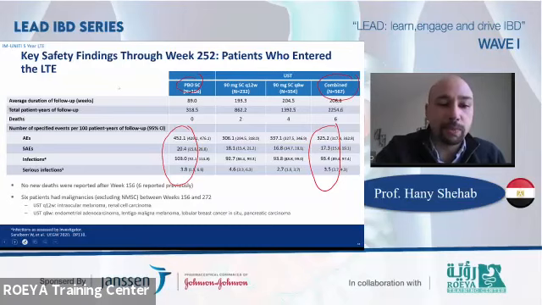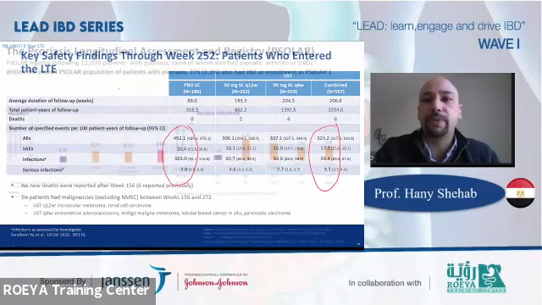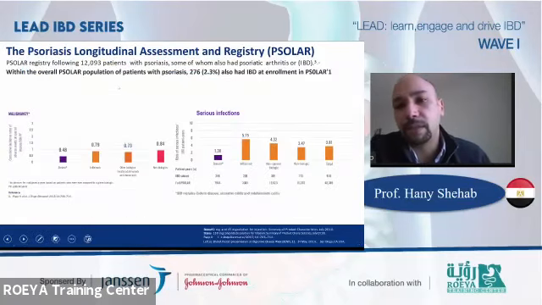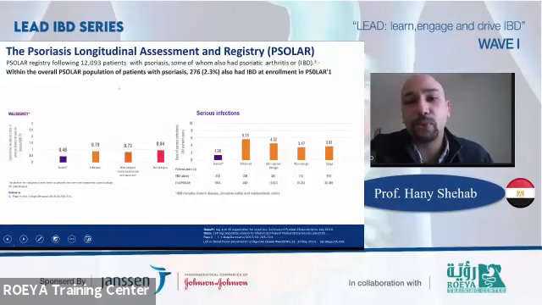And I think this was probably quite expected, because we know from the previous experience in rheumatology, where they used ustekinumab, I think over now maybe 8 or 9 years ago, in psoriasis and psoriatic arthritis. Now they made this huge registry called the SOLAR registry, containing about 12,000 patients.